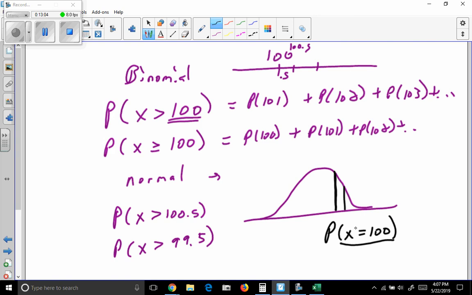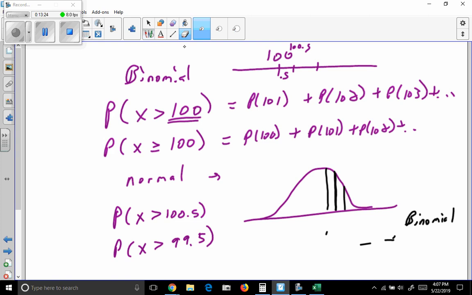So if we were looking for exactly 100 in a binomial, we would want to go, for a normal distribution, from a little bit below to a little bit above to make sure we include it.